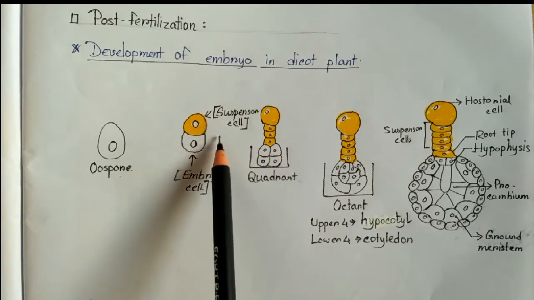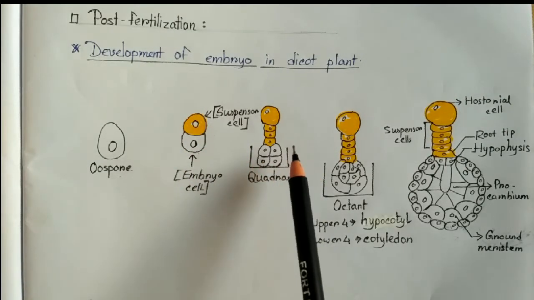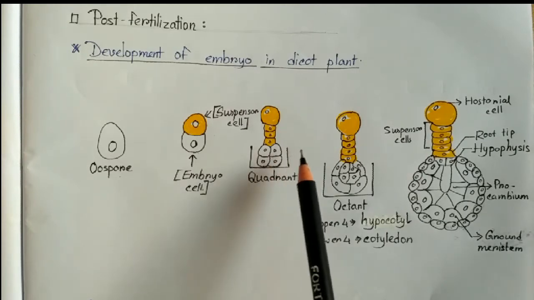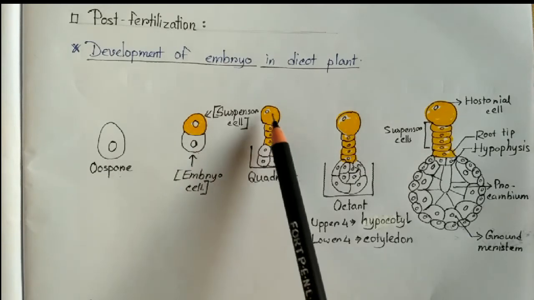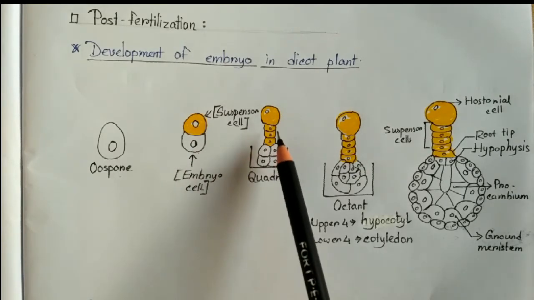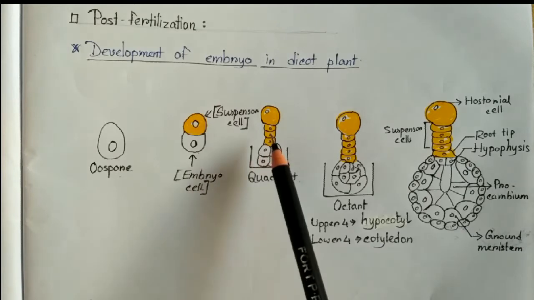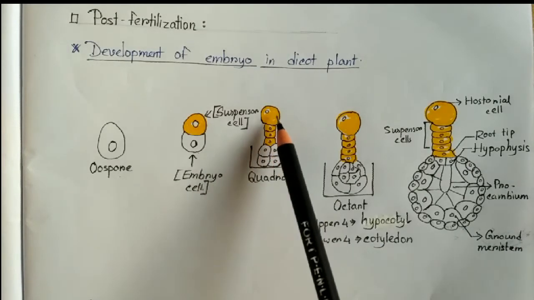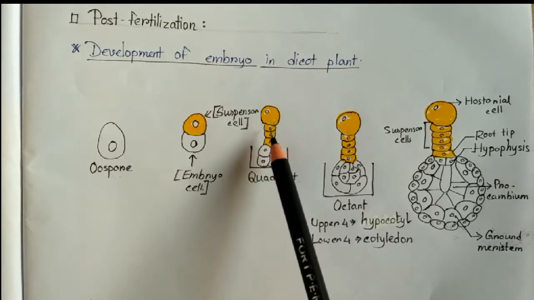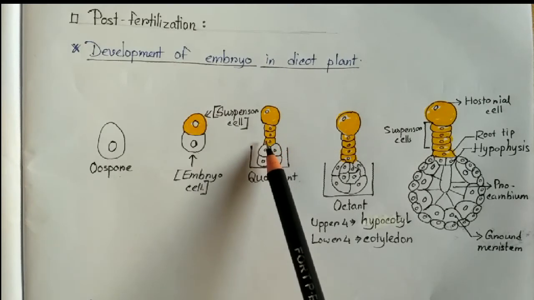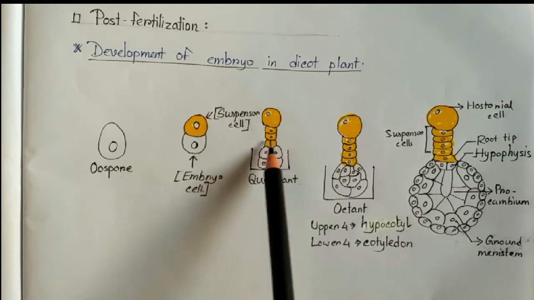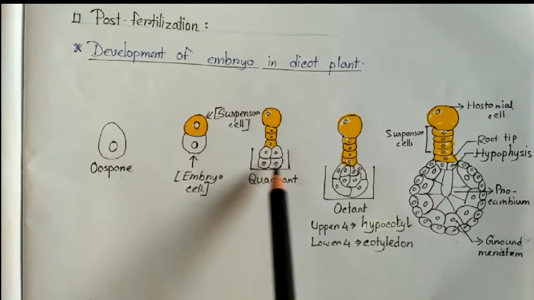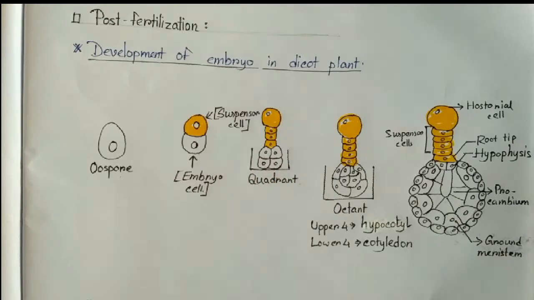These two types of cells go through another cell division. The upper part, the suspensor cell, is further divided and forms an eye shape. They are divided horizontally, but the embryo cells are divided longitudinally.